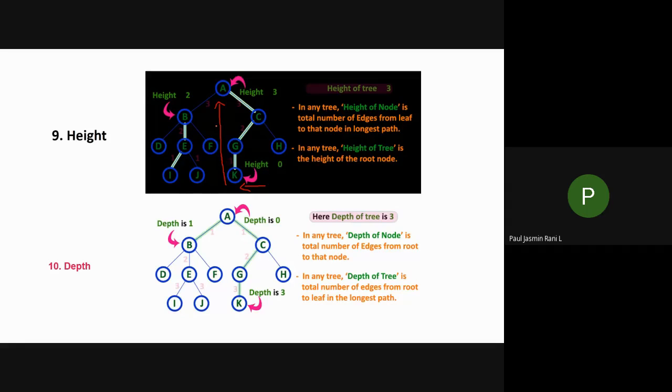So this is how you have to find out your height. Okay, so what is the height? That is 1, 2, 3. Okay, so this is how you have to calculate your height. Okay, next I will say an example.